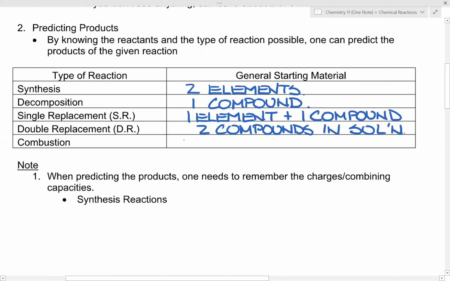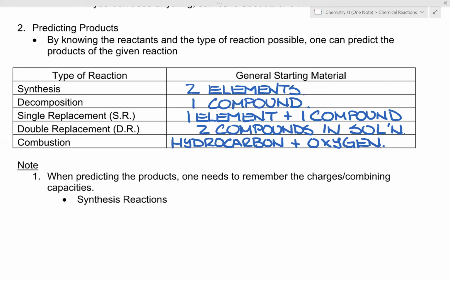And combustion is a hydrocarbon and oxygen. So when you take a look at the starting reactants, the starting chemicals, that will give you an idea of what the products would be.